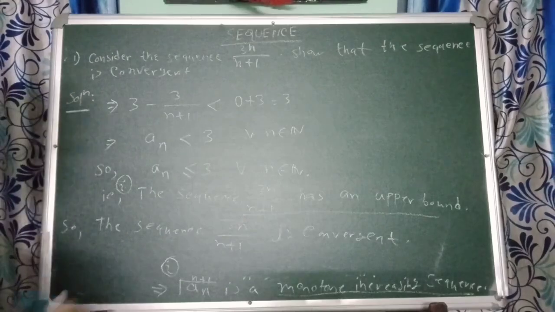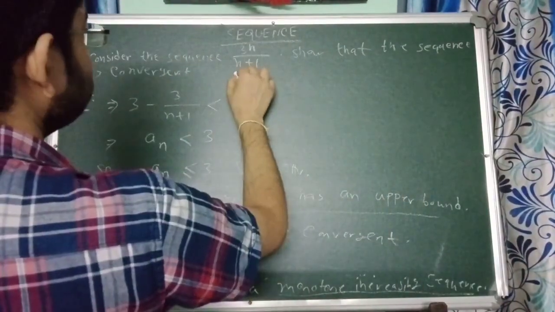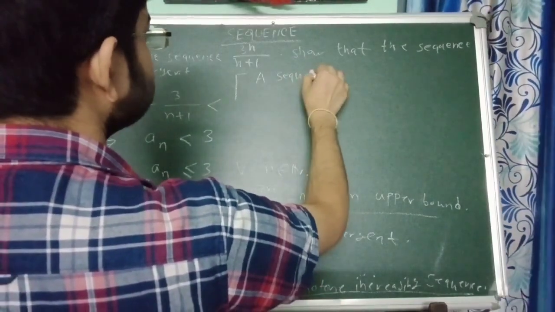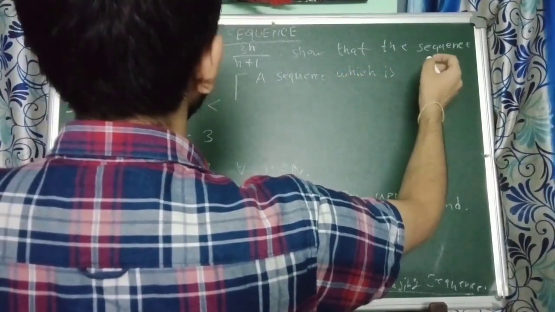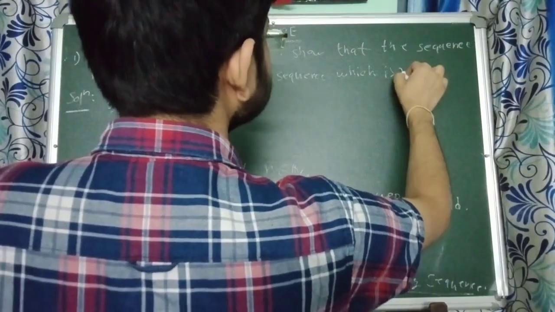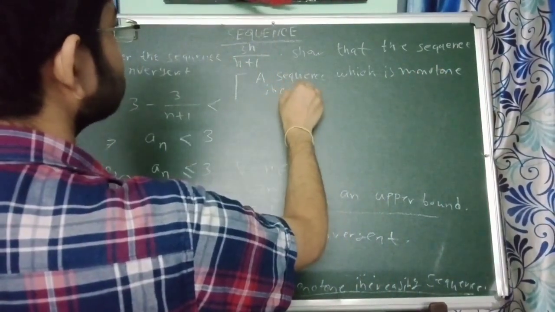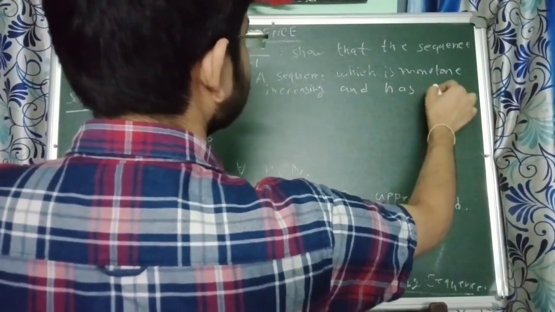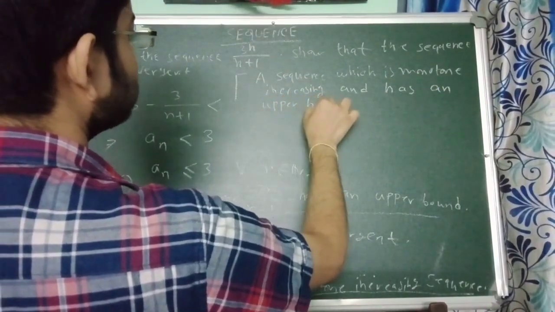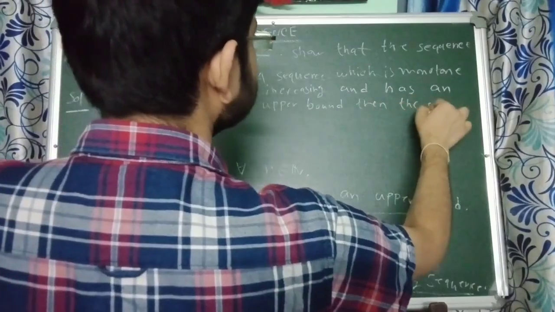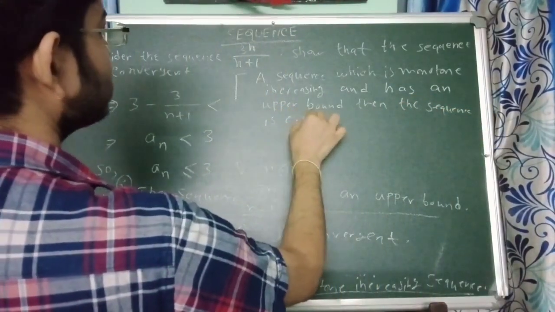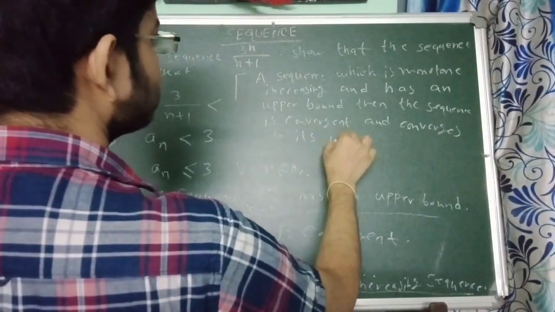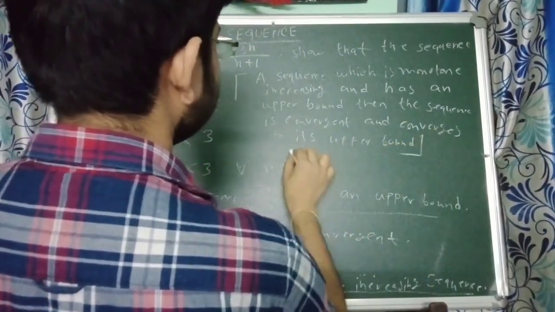Here we use the result already discussed in the previous class: the sequence which is monotone increasing and has an upper bound is convergent and converges to its upper bound.